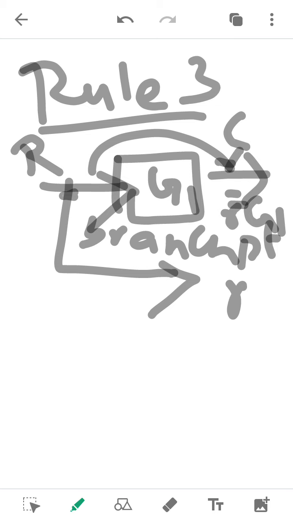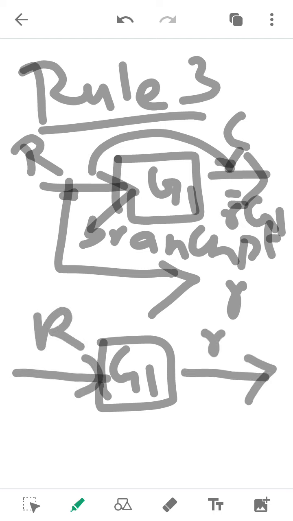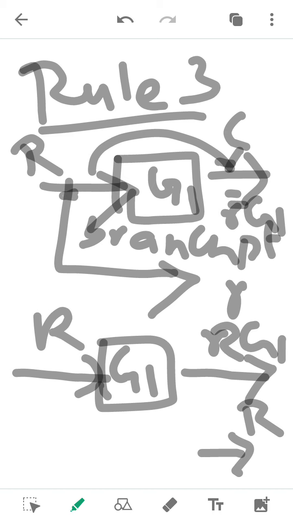So suppose if I want to do such a thing, then the rule says, again retaining the system's transfer function with the input, the output should be RG1. Here the signal should be R simply.